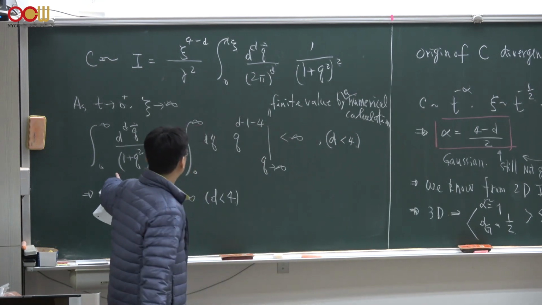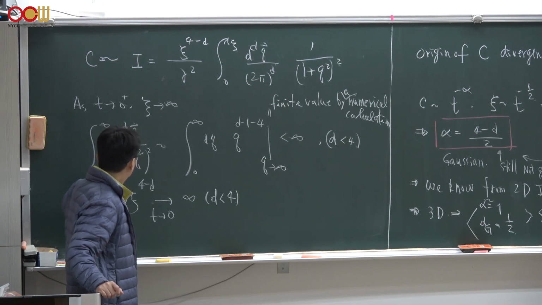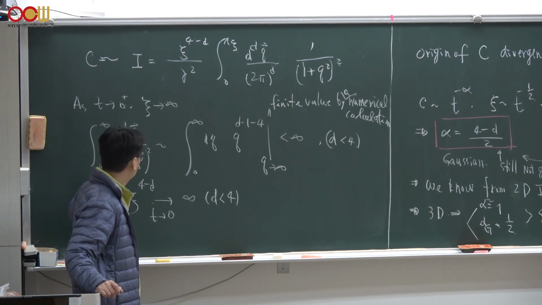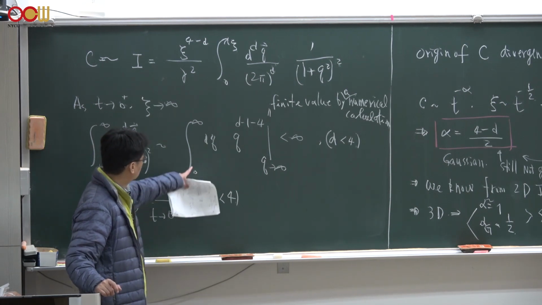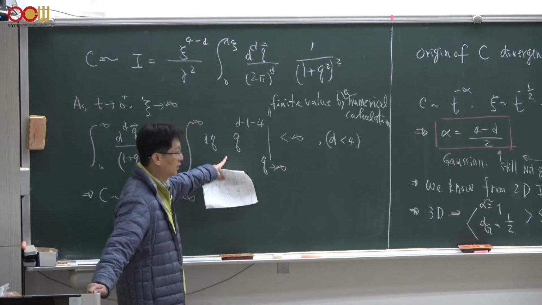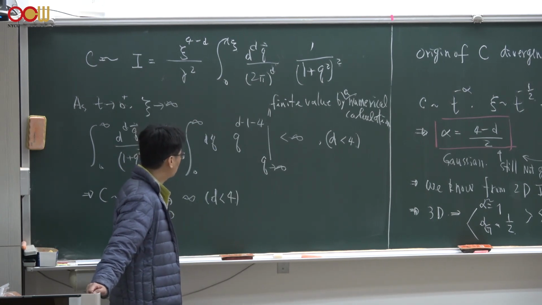If you look at this integral of dq divided by 1 plus q squared, all squared, and look at the powers of q as q goes to infinity, where it could diverge, you can easily see that it is proportional to q to the power of d minus 1 minus 4, which is d minus 5.